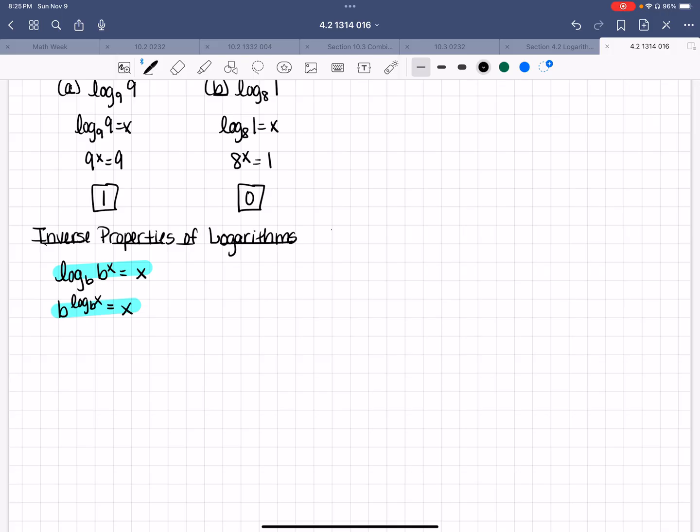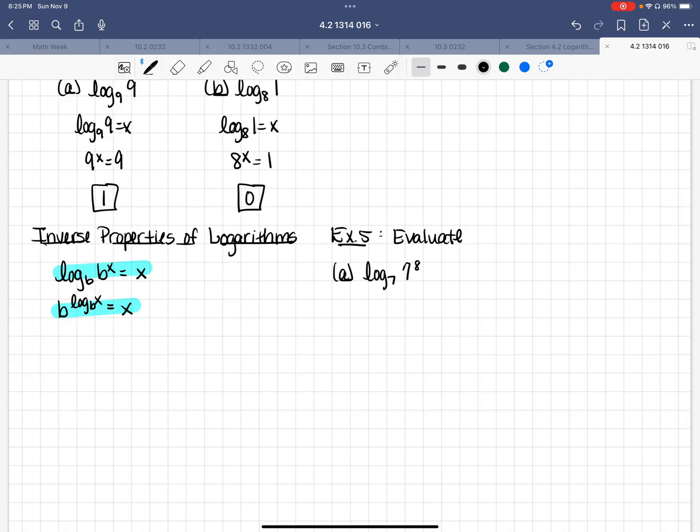So I'm going to squeeze in example 5 right here. And it, of course, says evaluate A. I have log base 7 of 7 to the 8th power. Okay.